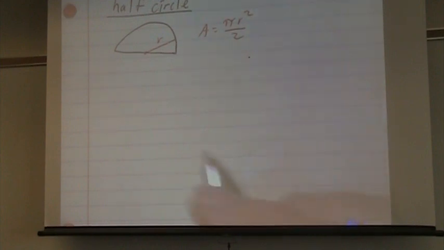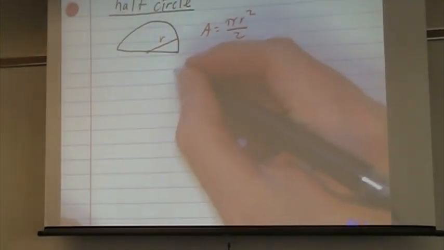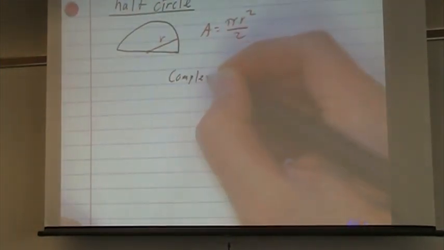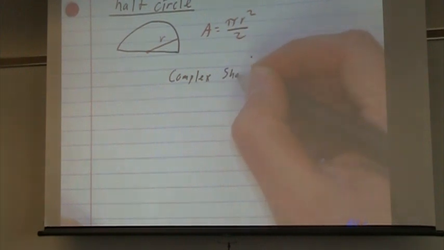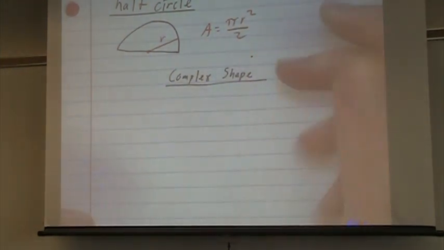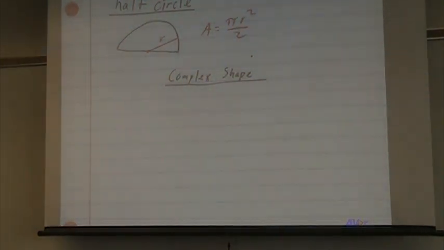The easiest way to show you these guys is to just do an example. So here's a complex shape. Some of the problems, you're going to be adding the shapes. Some of them you're going to be subtracting the shapes. It just depends on the problem. So here we go.